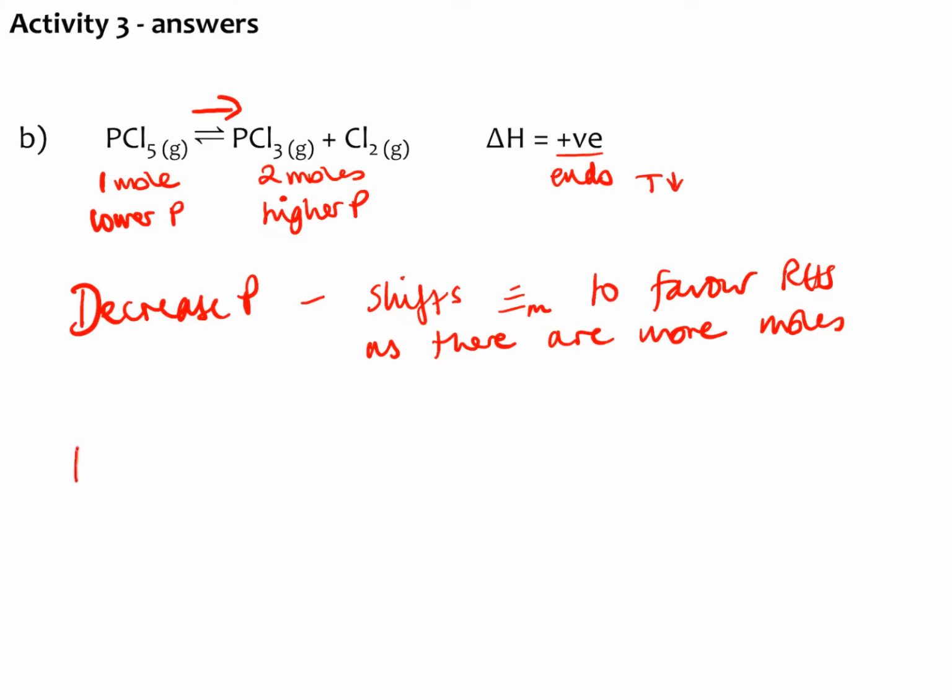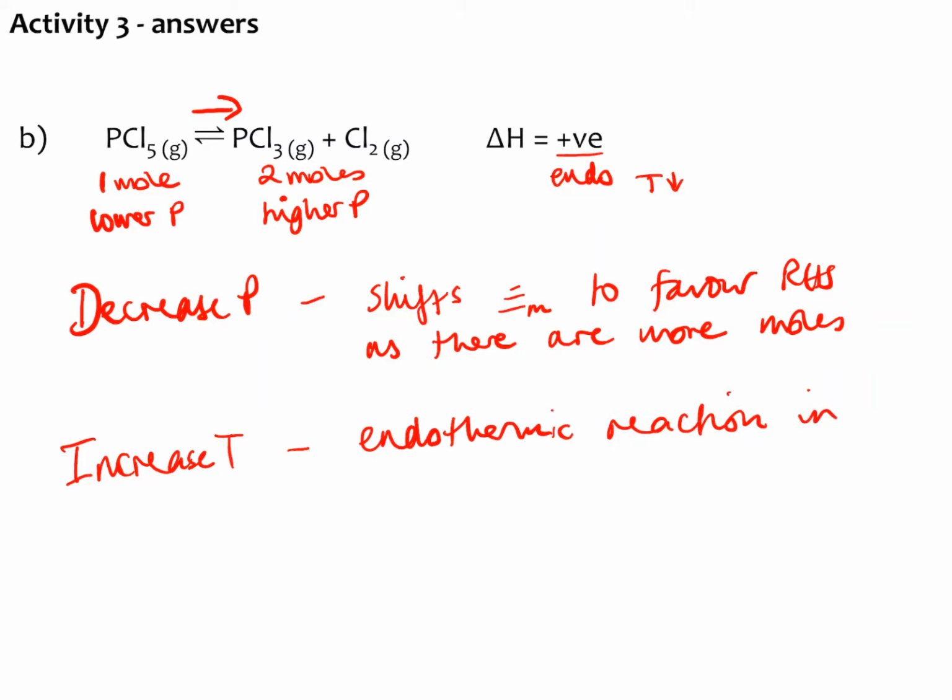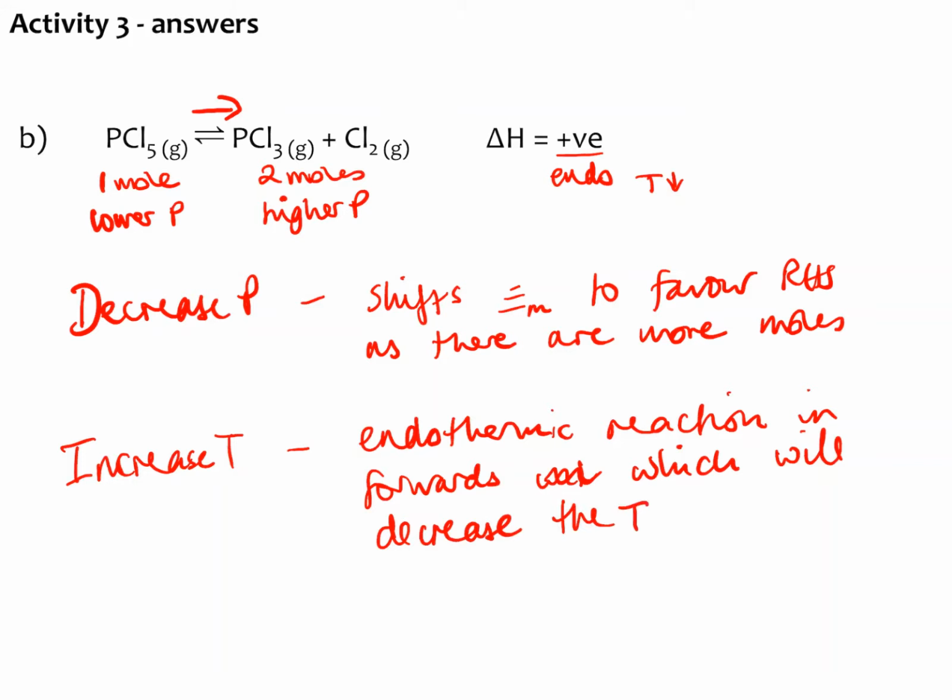So if we want to favour the forwards reaction, we would want to increase the temperature, because the endothermic reaction in the forwards direction will decrease the temperature. So if we increase the temperature, the reaction will shift to decrease it, and that would be going in the forwards direction. So for this one we have a decrease in pressure and an increase in temperature.